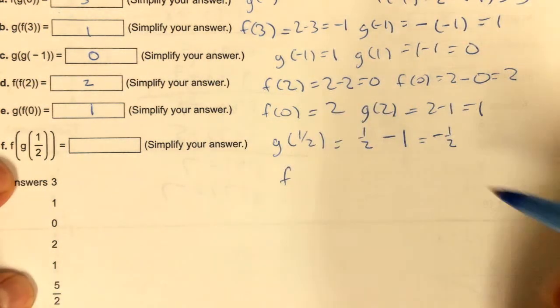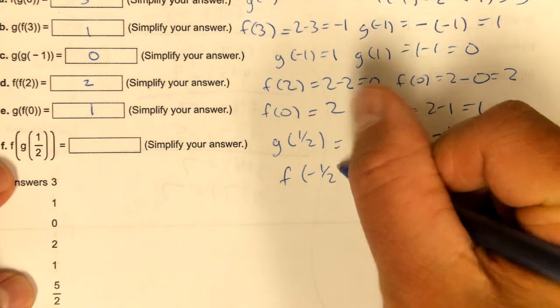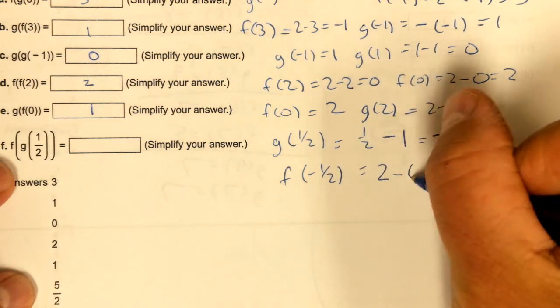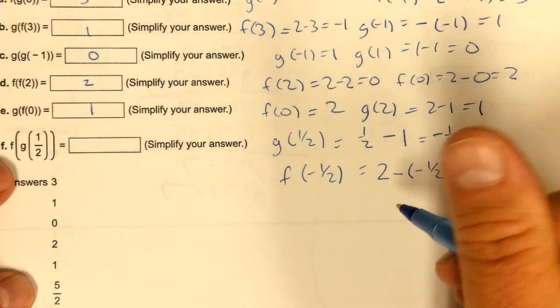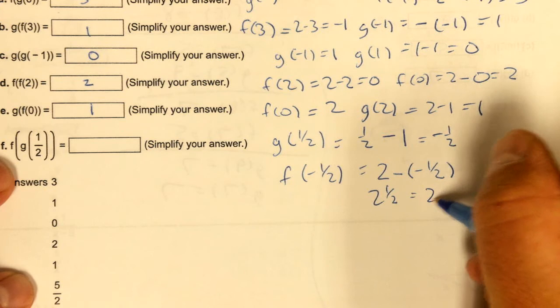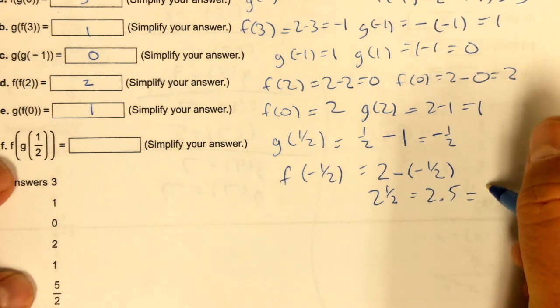So f of negative 1/2 would be like 2 minus negative 1/2, which is 2 and 1/2, otherwise 2.5, otherwise 5/2.